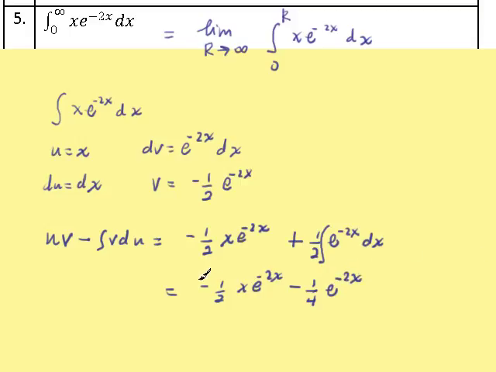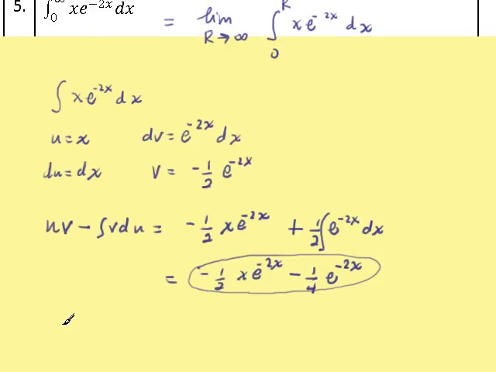All right, now we're going to put in these limits and look at the limit as r goes to infinity. Minus 1/2, I'll put the x on top and e to the 2x in the denominator here, and I'll write the second term as 1 over e to the 2x.